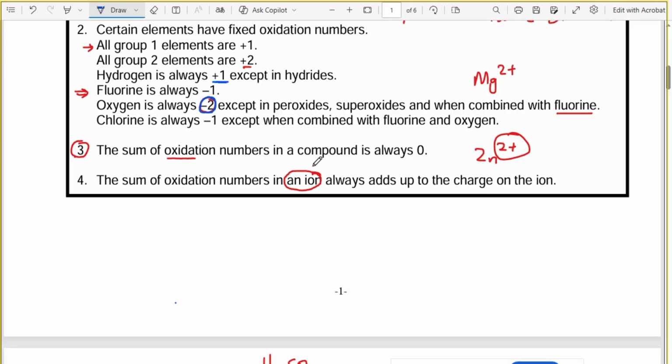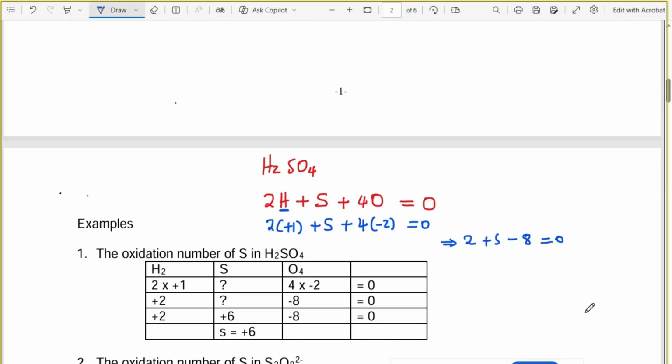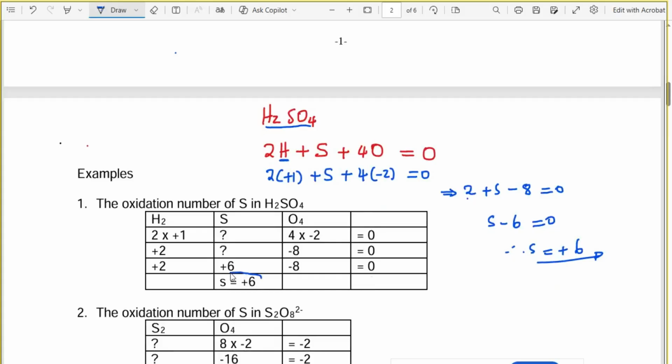This should equal 0. So when we work this out, 2 times 1 is 2, plus S, minus 8, is equal to 0. Solving for S: 2 minus 8 is -6, so S minus 6 is 0. Therefore, sulfur is +6. So the oxidation number of sulfur in sulfuric acid is +6. This is what they are trying to explain in this example. Are you happy with that?